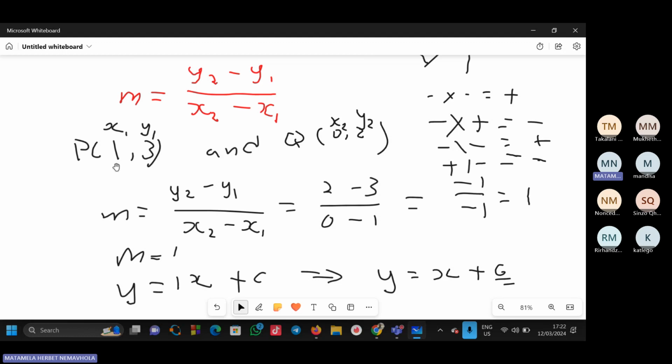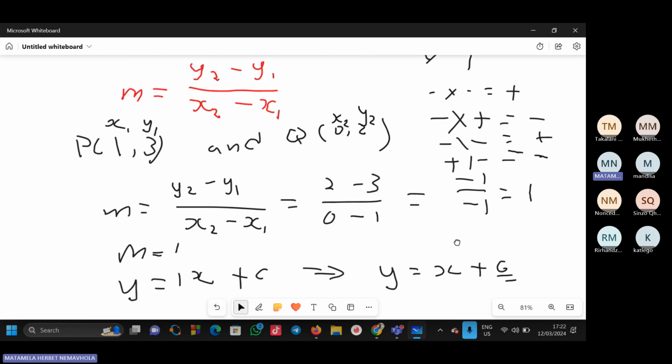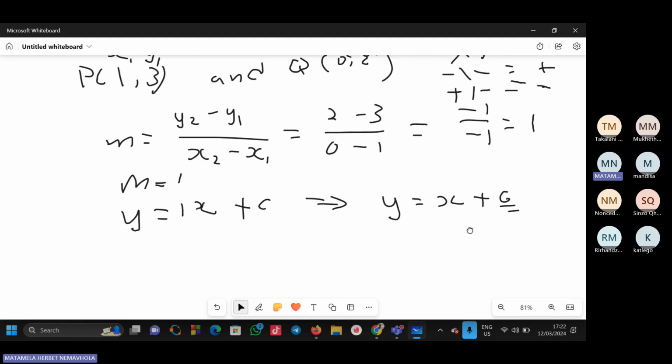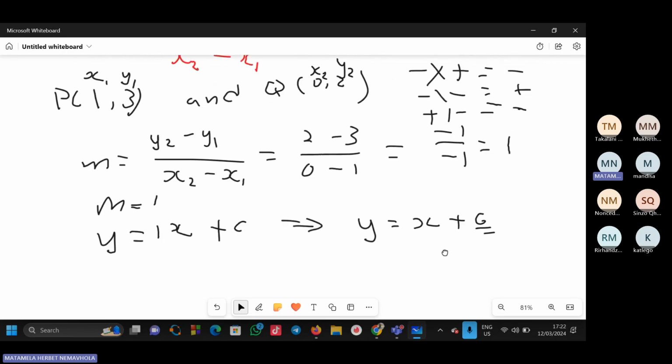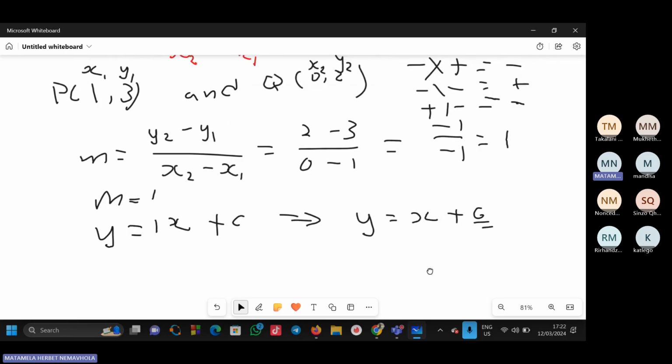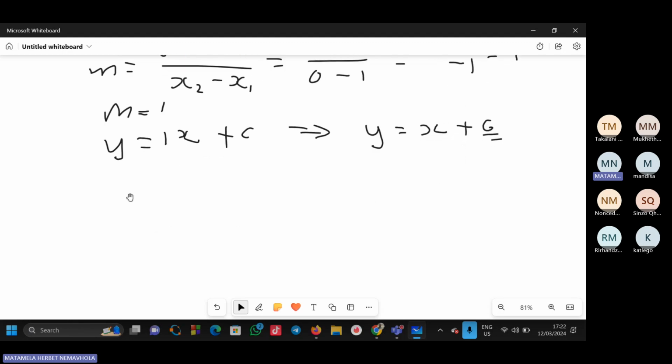You guys are going to try it using the P value. And you will see that when you use P, you are going to find the same value for c. So Q is (0, 2). So I'm going to use 0 and 2, and substitute them in this equation.